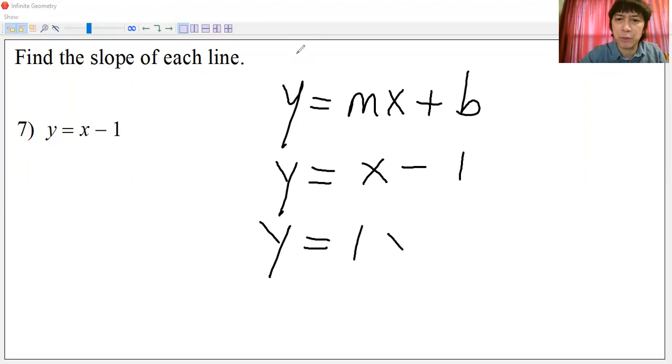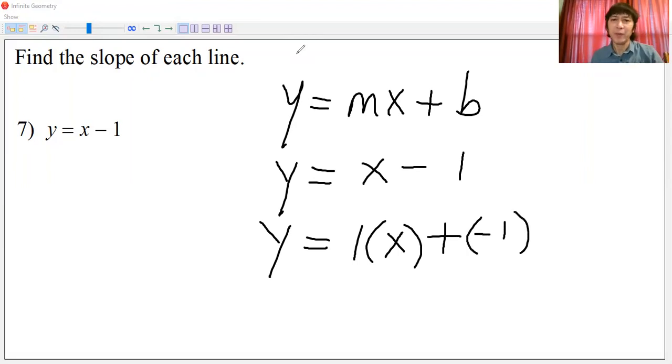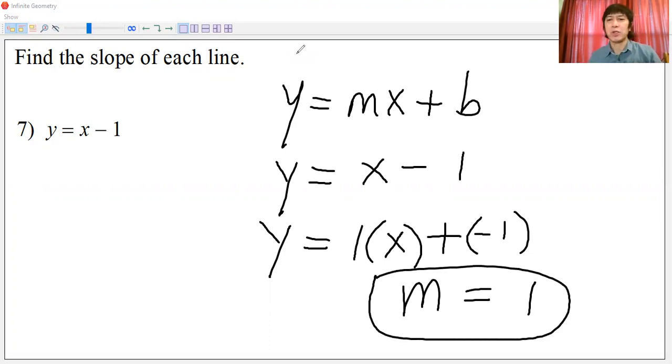This is 1 times x plus -1. There. And if you're asked to get the slope, that is clearly 1. There. That is m equals 1. And so we can verify this. And we see the slope. It's correct. Okay. All right, let's continue. Let's have number 8.